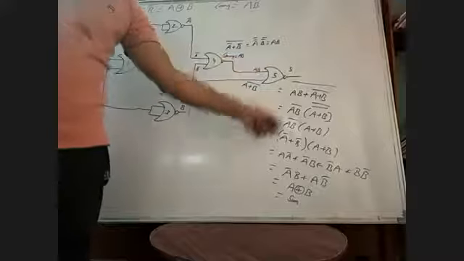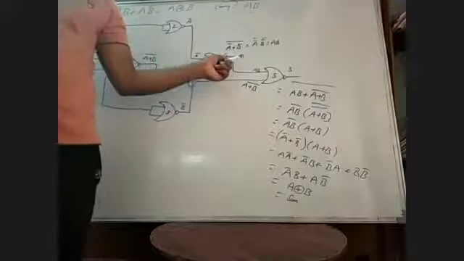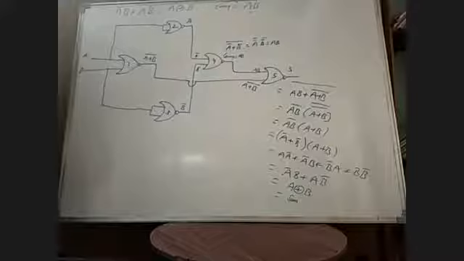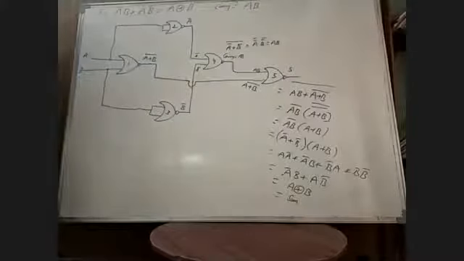Sum is equals to A exclusive or B. Carry equals to A into B. This is your half adder circuit. Now, chala easy and half adder ante it is a circuit which generates the addition of two 1-bit numbers.